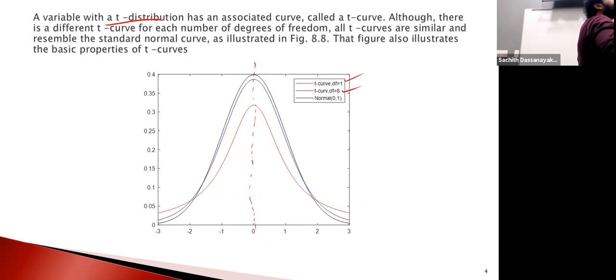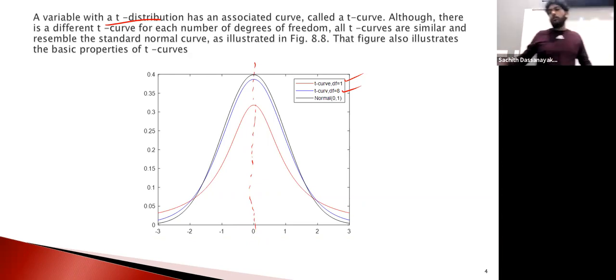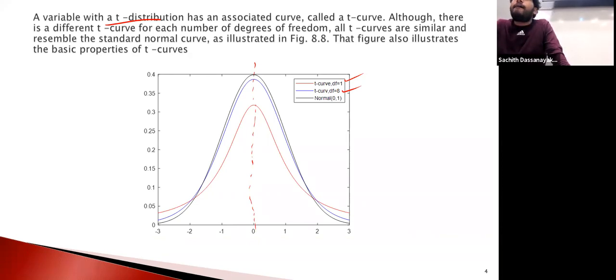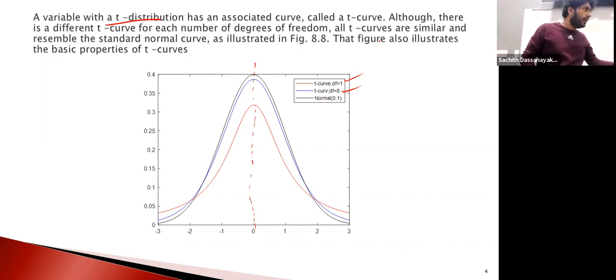If you increase the degrees of freedom here, you can see it gets very close to our C table, the standard normal curve. We don't use it, but let's say if my sample is large enough, which means greater than 30, I can use the C table. Clear?